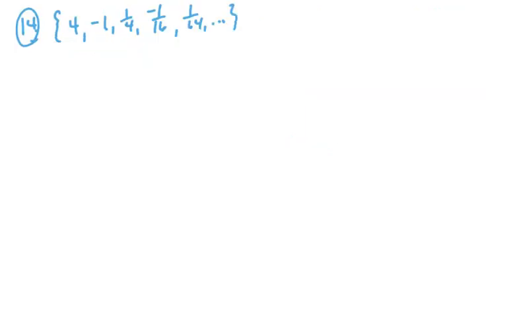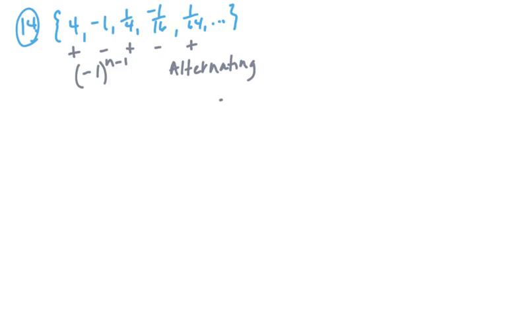So let's come back to this problem, and notice the signs first of all. We have plus, minus, plus, minus, plus. This is an alternating sequence, so we need to deal with the fact that the signs change every time. In order for that to happen, I have negative 1 to a power. Now I can't just put n, because on my first term, negative 1 to the 1 power would be negative, so we take away 1, and that balances it out.